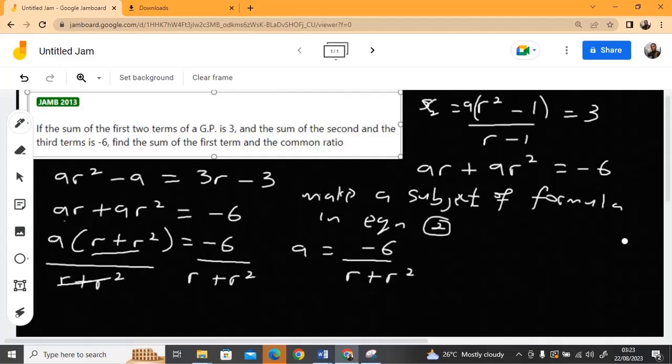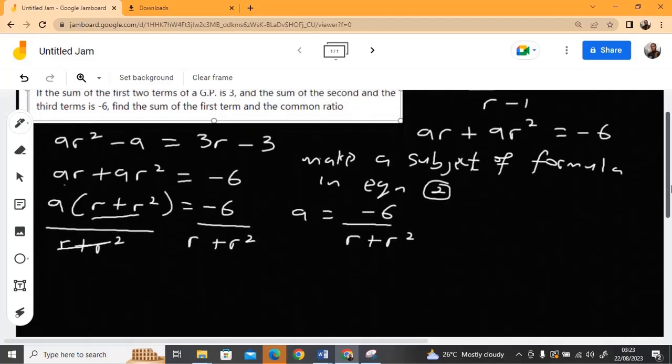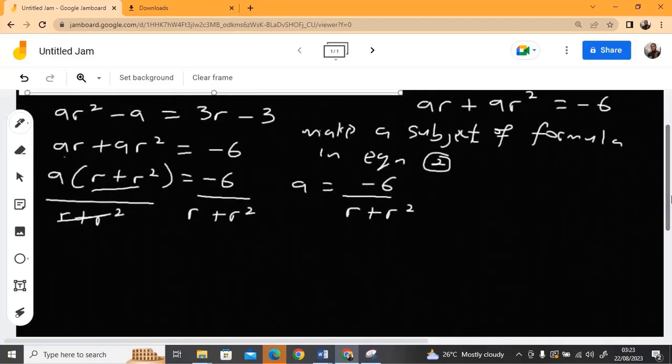Did you get that logic? I hope you get this. Now what I'm going to do is substitute this value for A in equation 1, because this is my equation 1 here, and this is my equation 2. Since I used equation 1 in the substitution method, I'm going to use this thing in this particular equation.